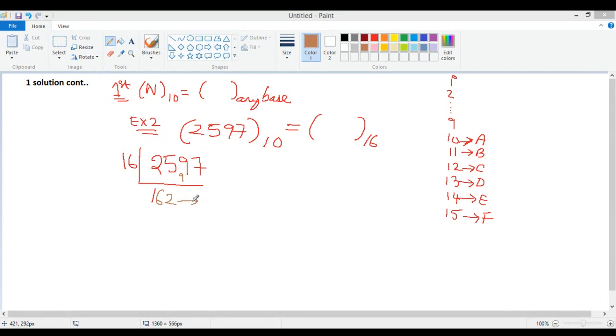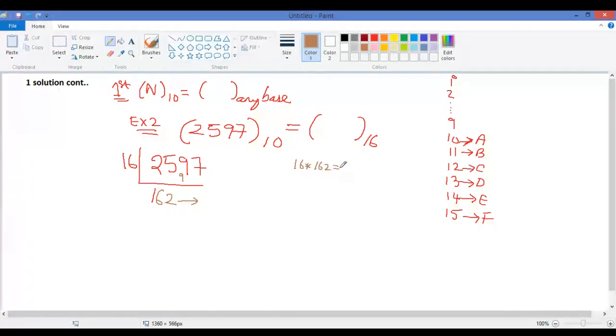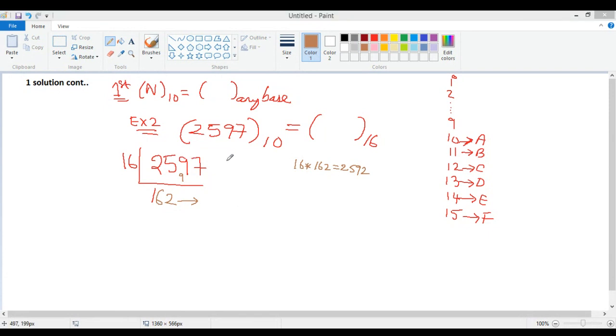You subtract 2592 from 2597. 16 into 162 is nothing but 2592. So 2597 minus 2592, how much do you get? 5.